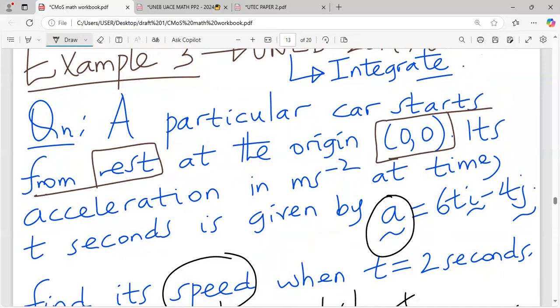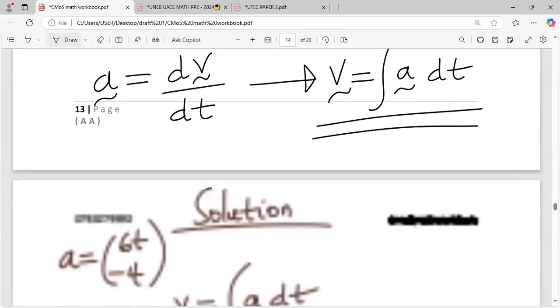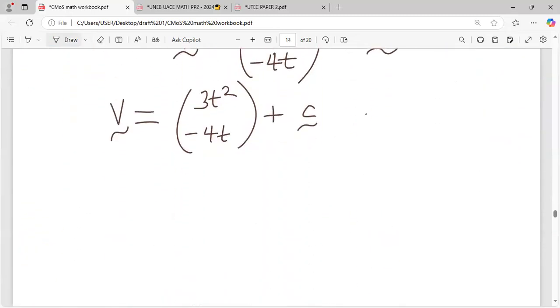That's what I want. The particle starts at rest at the origin 0, 0. So that is initially.